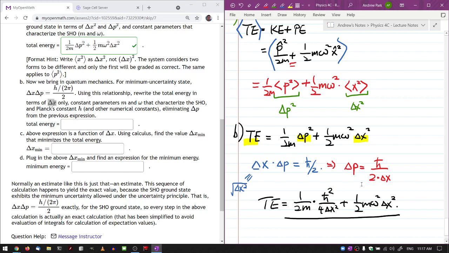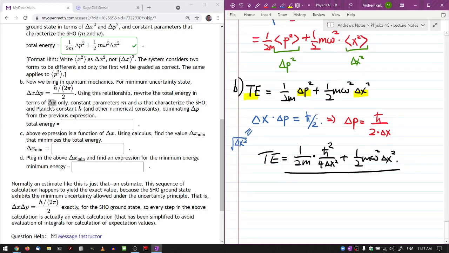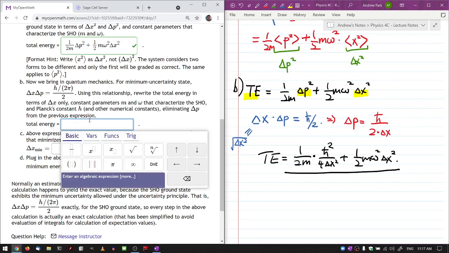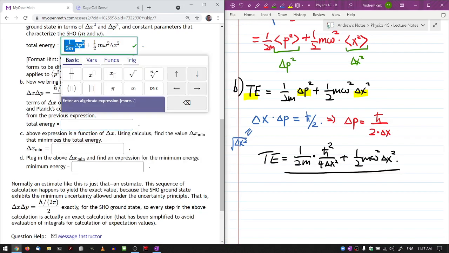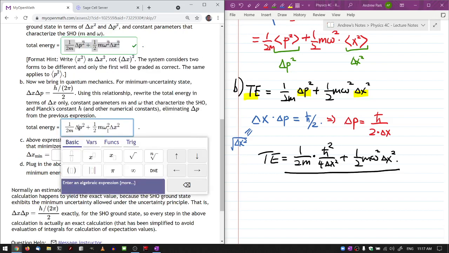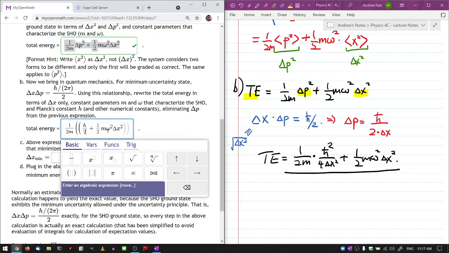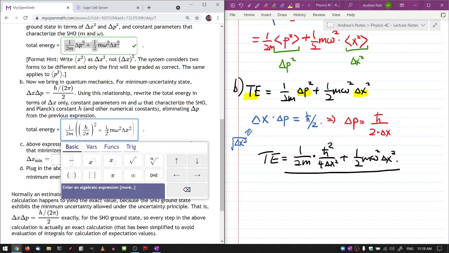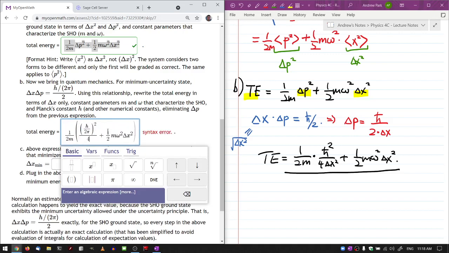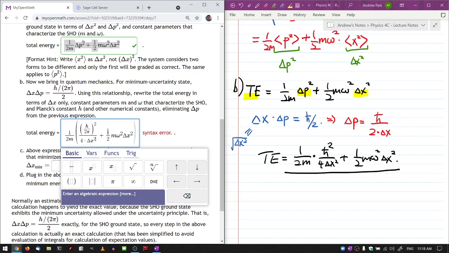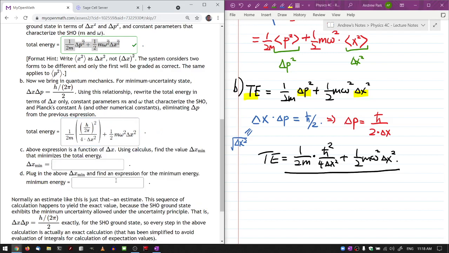I haven't actually applied the minimum uncertainty quite yet, because so far all I've done is write the relationship between them. So this is looking complicated, but that's fine. I hope it's going to simplify in the upcoming steps. So I'm just going to replace the delta p squared with h bar, so h over 2 pi squared divided by 4 times delta x squared. All right, so that should be it.